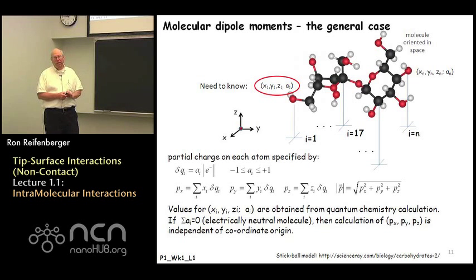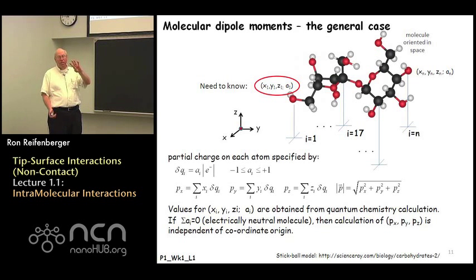It's a fair question how, if given a particular molecule, you might calculate the dipole moment of that molecule. And in this diagram, I just try to remind you of the general case. How do you calculate the dipole moment for a molecule?